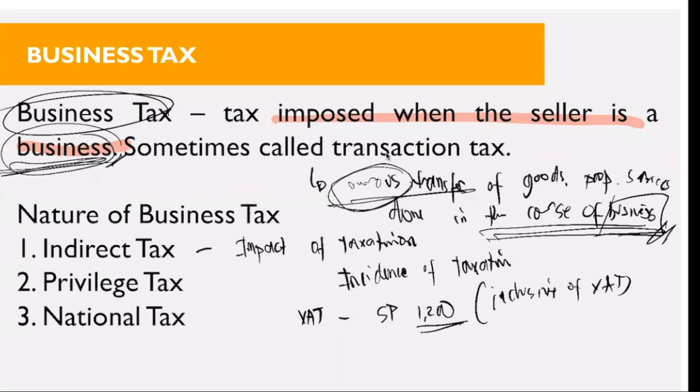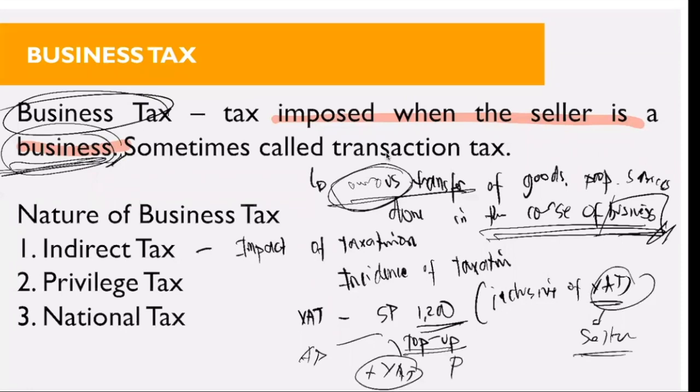Since it is inclusive of VAT, although the VAT should be paid by the seller, you have already topped it up in your price, hence you already have your actual price and the additional VAT. So the selling price consists of your actual price, which is the price you normally sell that good, plus the VAT. So here, although the seller should pay the VAT, you pass it on to the buyer.